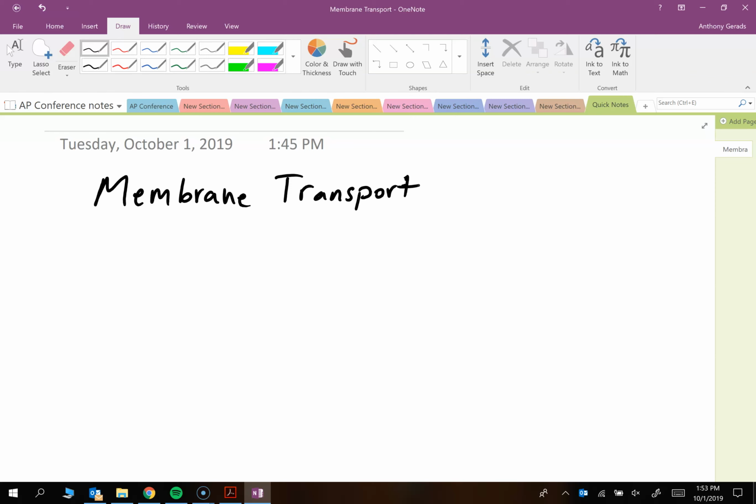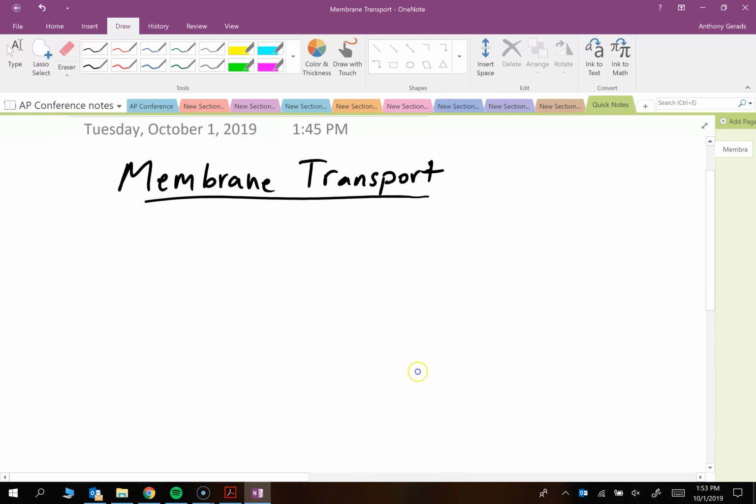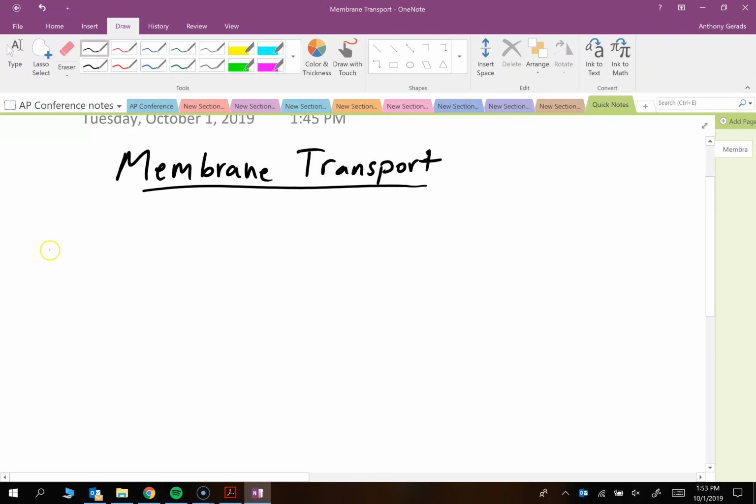Okay? So membrane transport. There's two big categories of transport. I'm just going to talk about one of them really deep today, and the other one I'm just going to introduce to give you a brief overview of it. And we'll talk about it again later. So the first one we have is passive transport, and we have active transport.